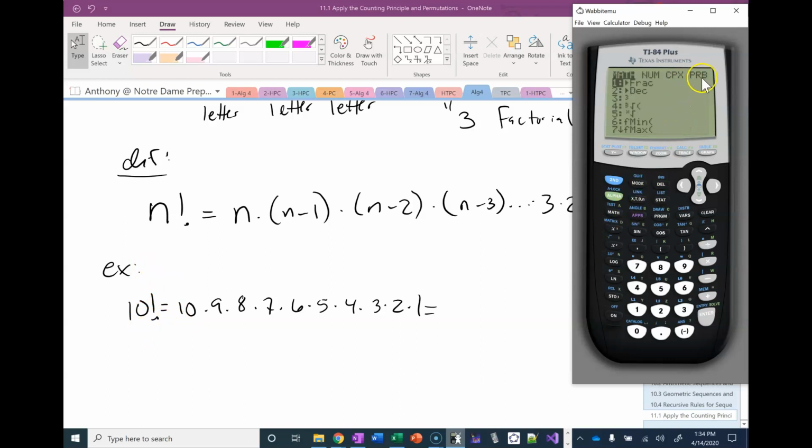I'm going to go over to the PRB menu. PRB is short for probability. And then I'm going to go down and there's my exclamation point, or my factorial symbol. So if I type in 10 factorial, that tells me it's 3,628,800.